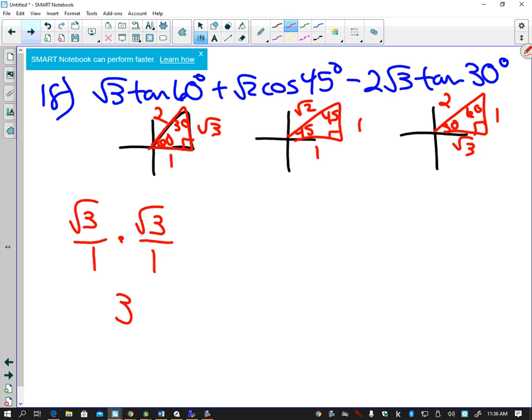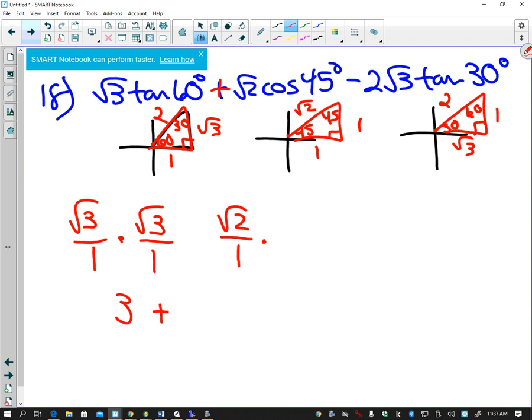All right, now I'm going to bring down that plus. I'm going to put it right here. Okay, now we have radical 2. We're going to go ahead and put it over 1 times cosine of 45. Cosine is adjacent over hypotenuse. So what is the adjacent? No, adjacent.